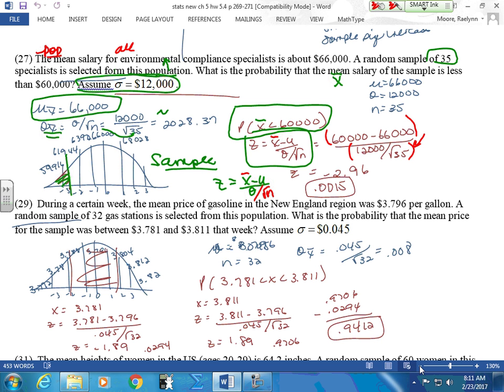We look up our area to the left, and our area to the left is 0.0015, which means there's less than a 1% chance from all my sample means that I'm going to get a salary less than $60,000. Because I tightened up the field. I made it closer to the mean. But the funny part is, if I look at it on this side, I get much more percentage. And we'll look at some of the greater thans.